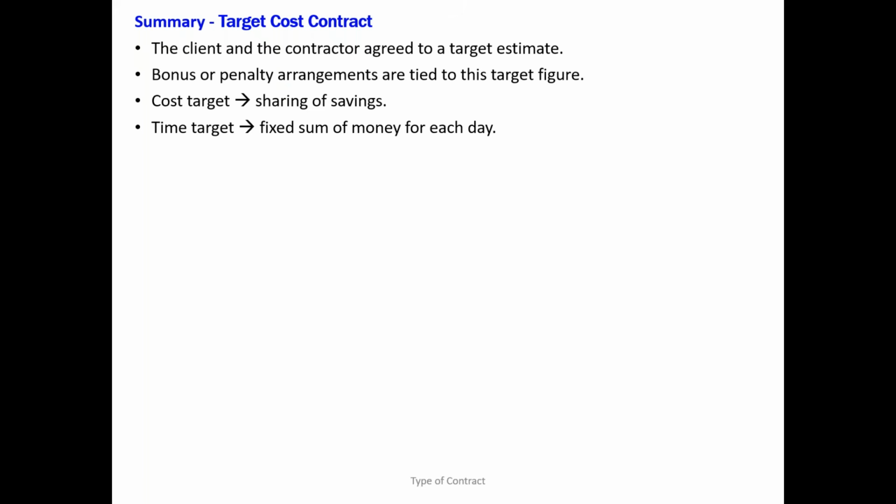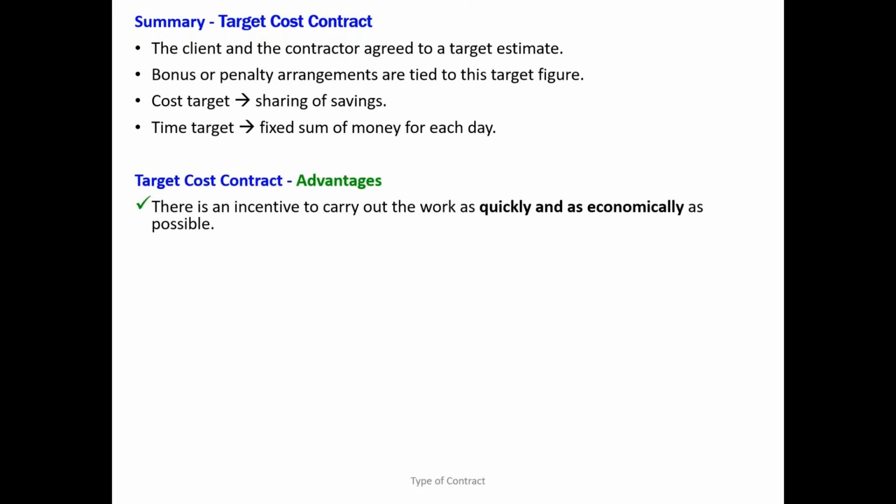The contractor finished the project 2 months earlier than planned. Will the employer make some profit for those 2 months from the operation? Yes or no? Sure, right? So somehow they have to give a per day cost saving. How much? It should be agreed. The cost target is there, and the time target is also there.